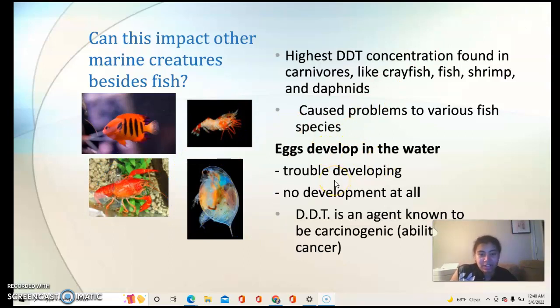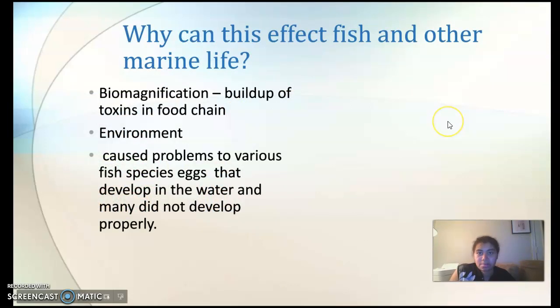So, anyways, the eggs in water have trouble developing from the DDT, or they don't develop at all. And DDT is known to be carcinogenic, which right here says it can cause cancer. So it's very fatal to them. So why can this affect fish and other marine life?